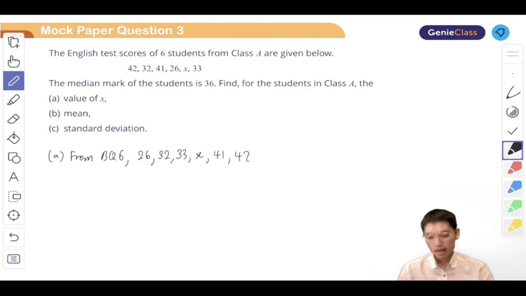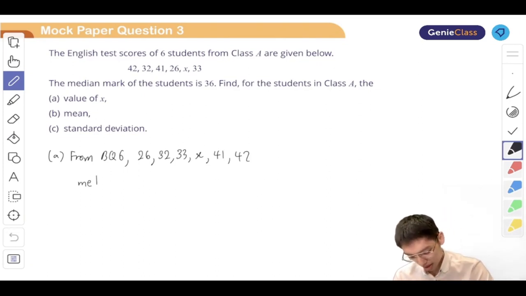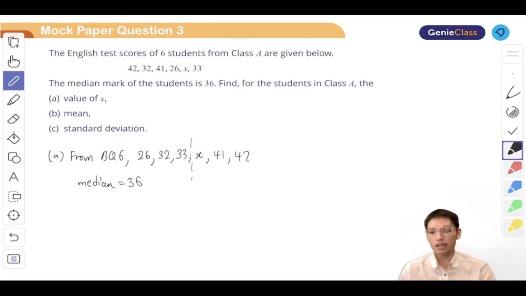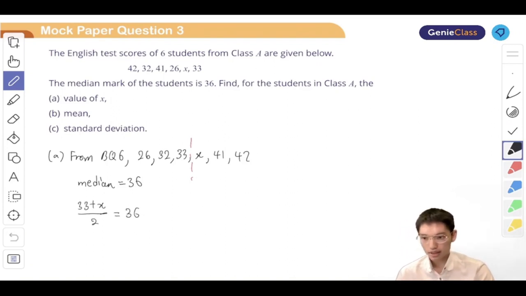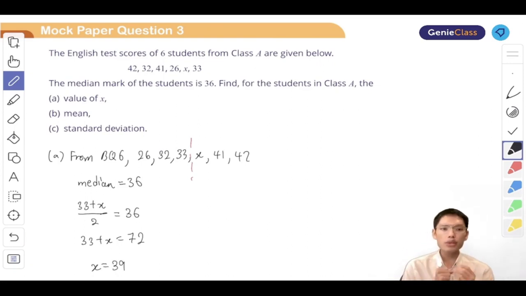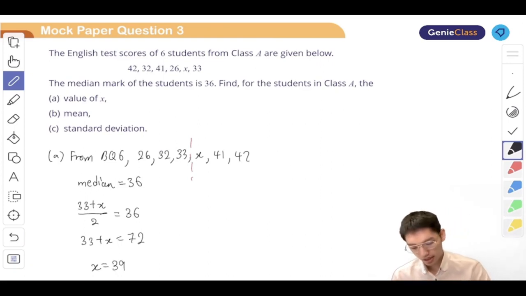And we know our median is 36. That's the halfway point over here. Calculating it, we have 33 plus x over 2 equals 36. Rearranging, 33 plus x equals 72. x is then 39.